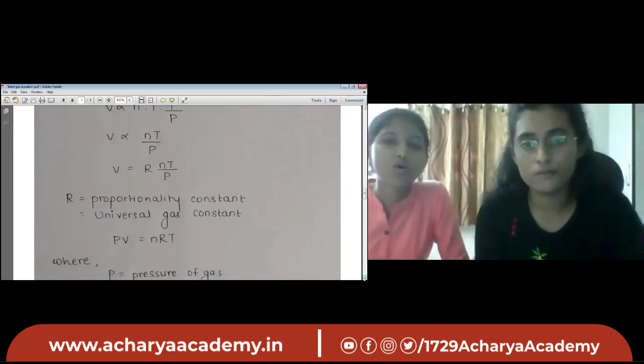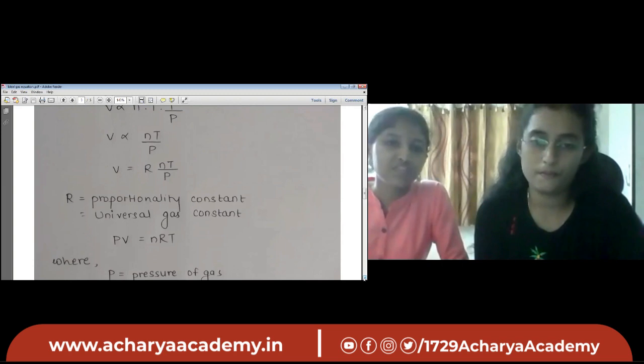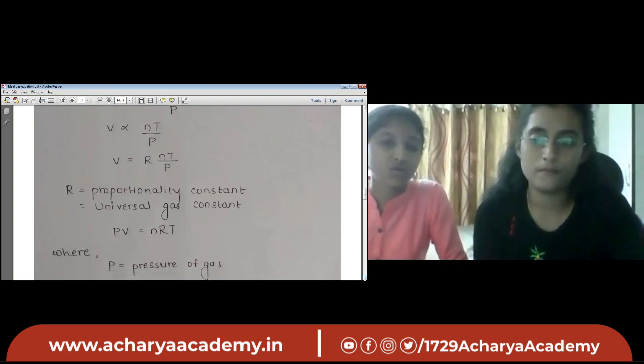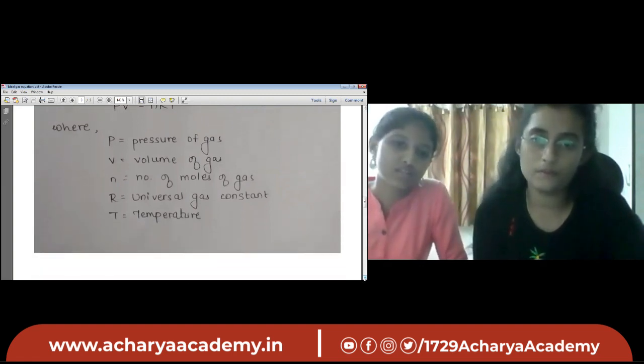We can also call it the proportionality constant. So from here we get the main equation, PV equals nRT. This is the main equation in ideal gas, where P is the pressure of the gas, V is the volume of the gas, n is the number of moles of the gas, R is the universal gas constant, and T is the temperature. That's the absolute temperature.